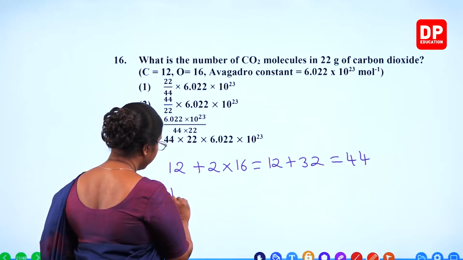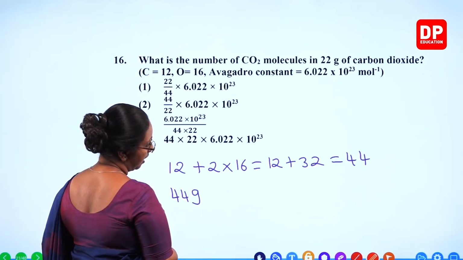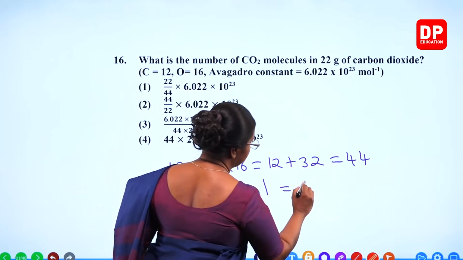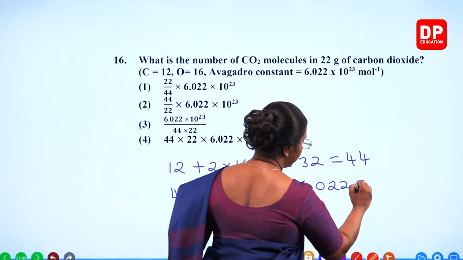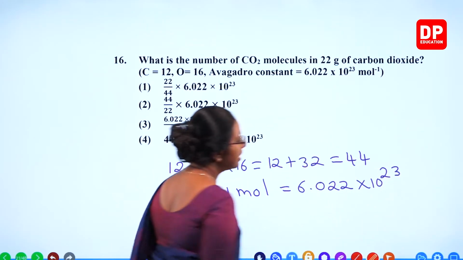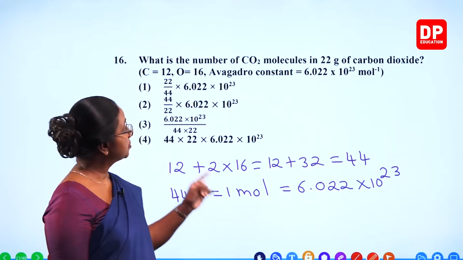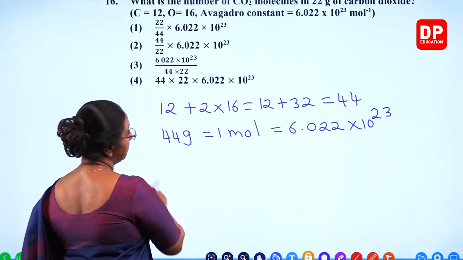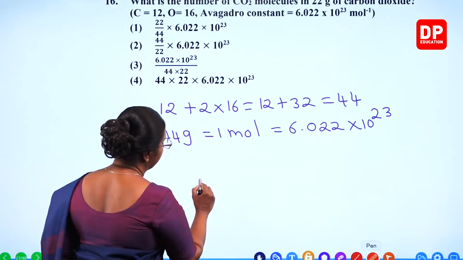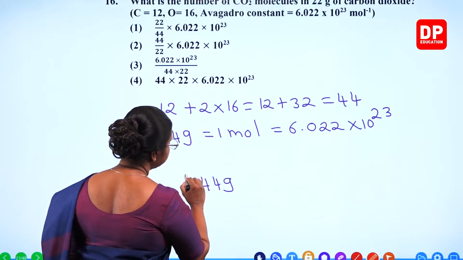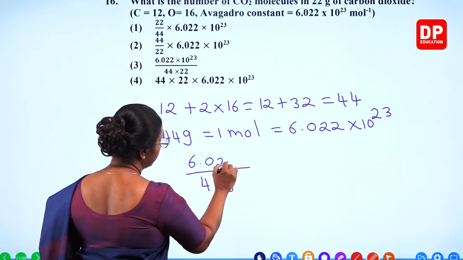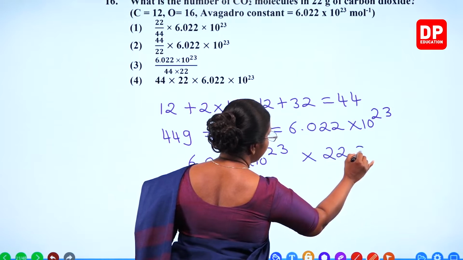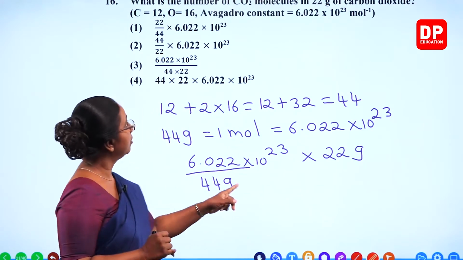So that means if you take 44 grams of carbon dioxide, that is equal to 1 mole, and that will contain 6.022 into 10 to the power of 23 carbon dioxide molecules. So therefore in 22 grams, if you are to calculate the number of molecules, how will you get? In 44 grams, there is 6.022 into 10 to the power of 23 particles. Therefore, in 22 grams, that is how you calculate.